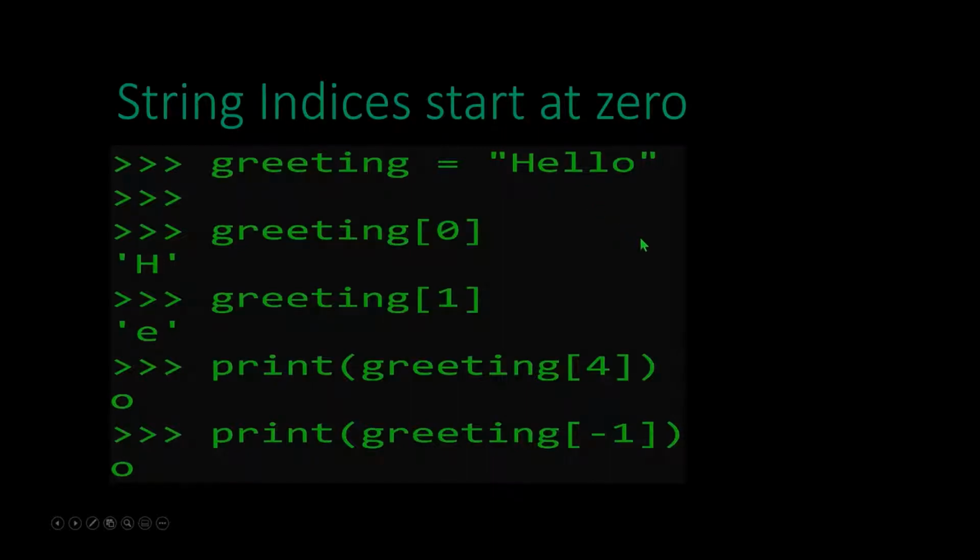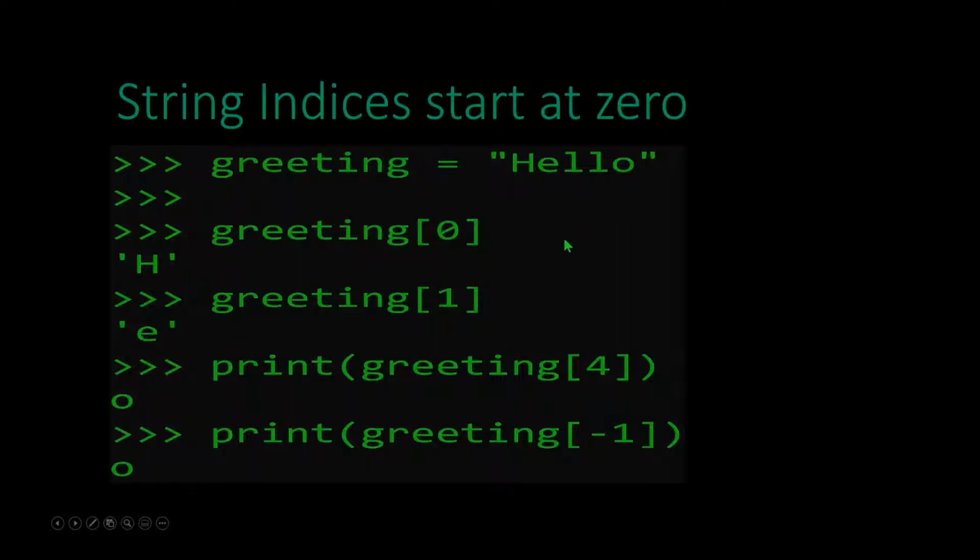A string index is how Python identifies where each character in the string is, and it starts with 0. We can access or analyze each item in the string based off its index. So for example, in the greeting variable down here, I assign the value hello.